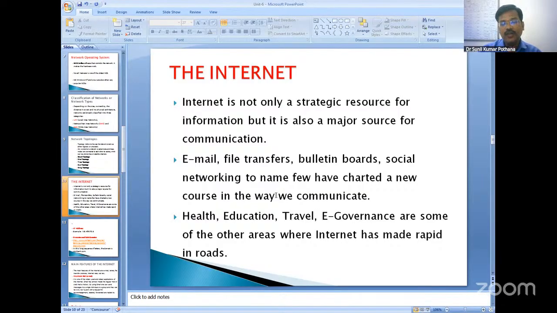The internet is not only a strategic resource for information, but also a major source for communication. Email, file transfers, bulletin boards, and social networking, to name a few, have charted a new course in the way we communicate. The internet is also making a strong presence in commercial activity through virtual stores.